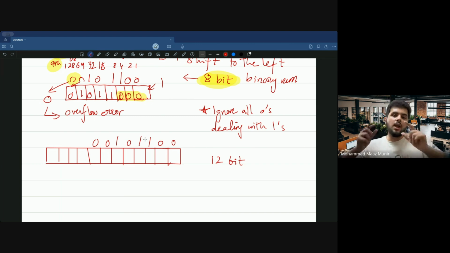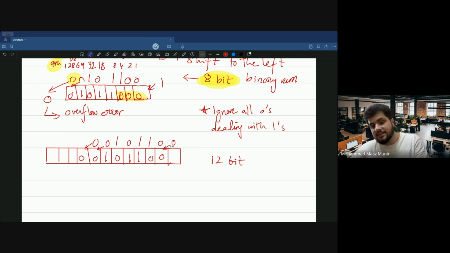If I perform a logical left shift, which means that I will be shifting each element to the left, what's going to happen? I will bring the 0 up here, this is going to go up here, then a 1, then a 0, then this 1, then this 1, then this 0, and finally this 0 comes up here. And because we have a blank slot at the most right-hand side, we are just going to be putting a 0.